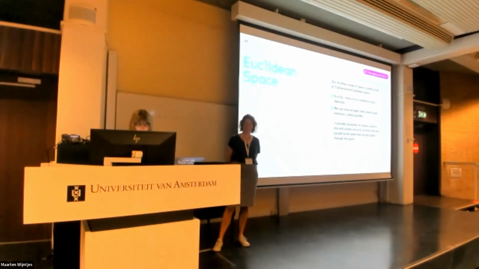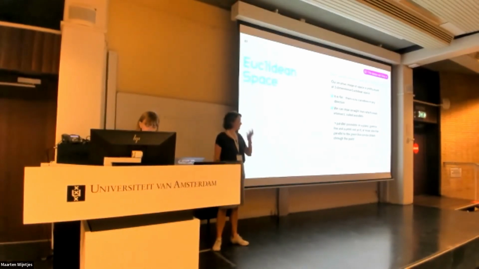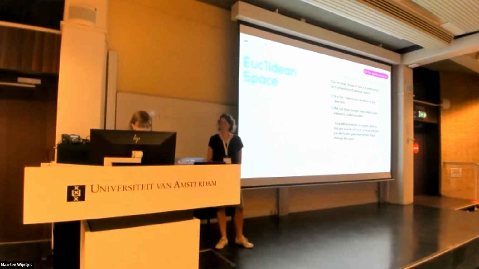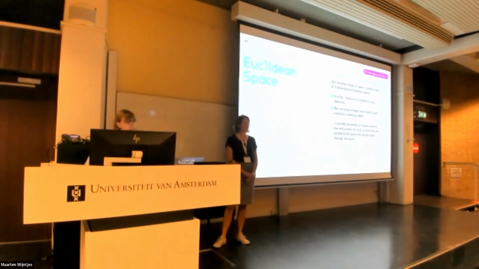So what is a Euclidean space? More than 2000 years ago, the mathematician Euclid came up with a theory of geometry. And what's unique about the Euclidean space is that it's flat. So there's no curvature in any direction, just like the box we just built in our mind.